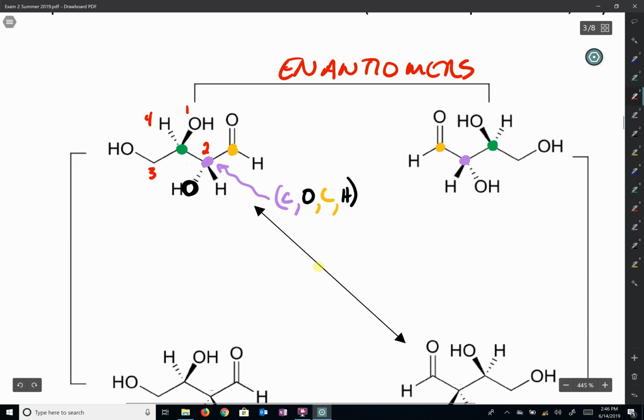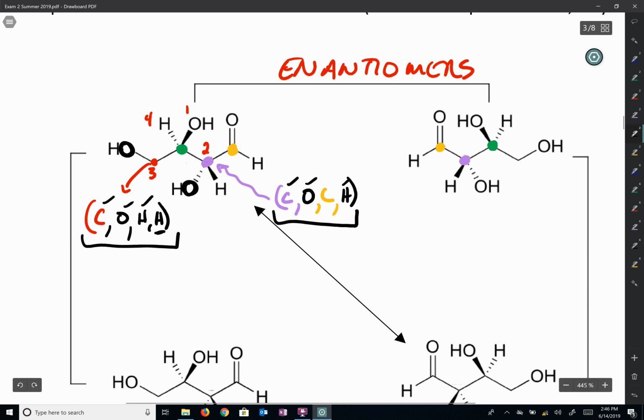Let me just do this in red. That's as compared to this carbon in red, which is attached to an oxygen, that guy right there, and then 2 hydrogens. So we make our list, and then we can compare the two there. Which one's more important? They both have a carbon, there's oxygen. They each have 1 hydrogen, so it comes down to hydrogen versus another carbon right there, okay?